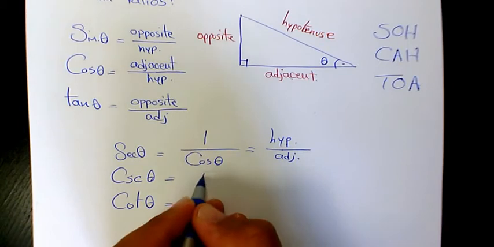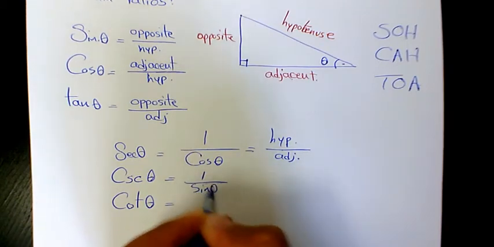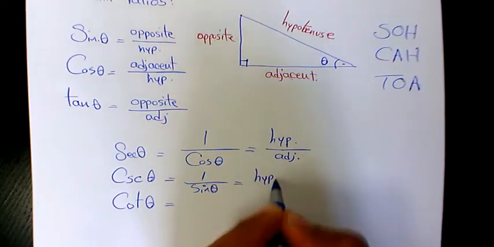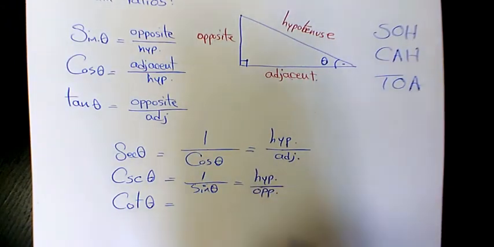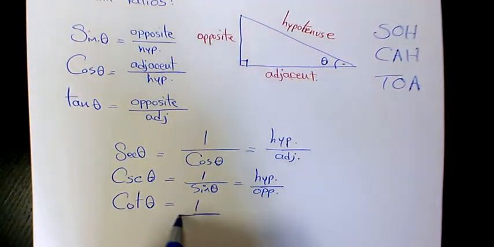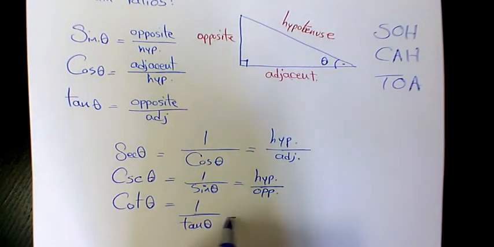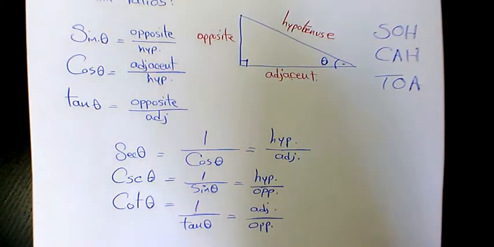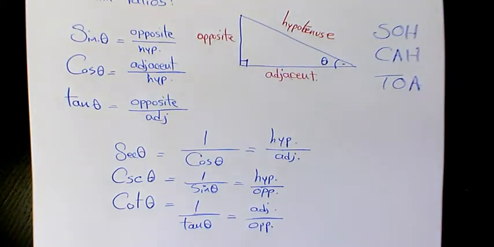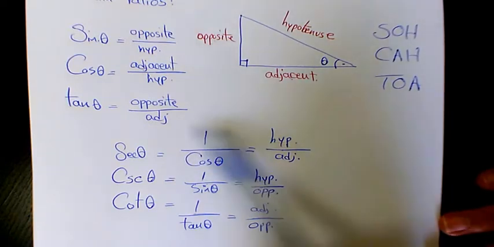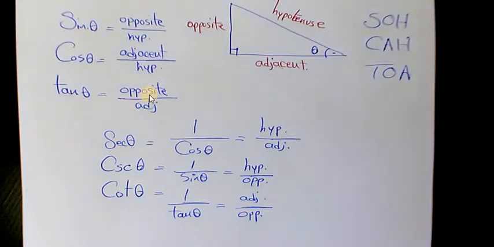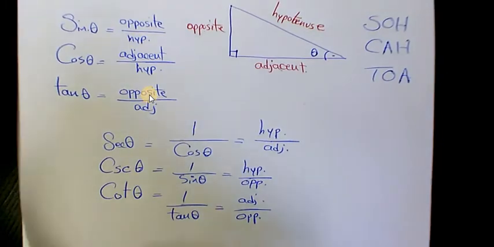Cosecant is the inverse of sine theta, which is going to be hypotenuse over opposite. And cotan is the inverse of tan. So that's going to be adjacent over opposite. So we have these six ratios. The second three ratios are called reciprocal trigonometric ratios. Let's see some examples.